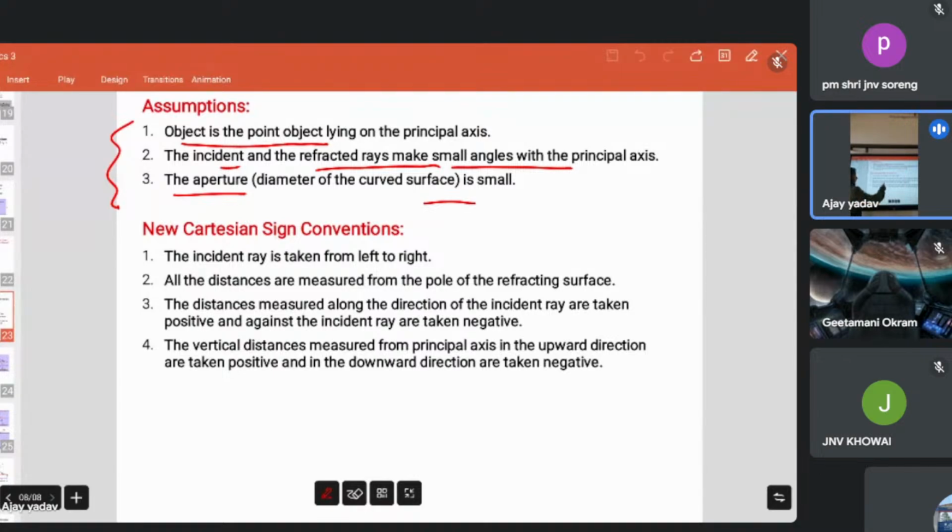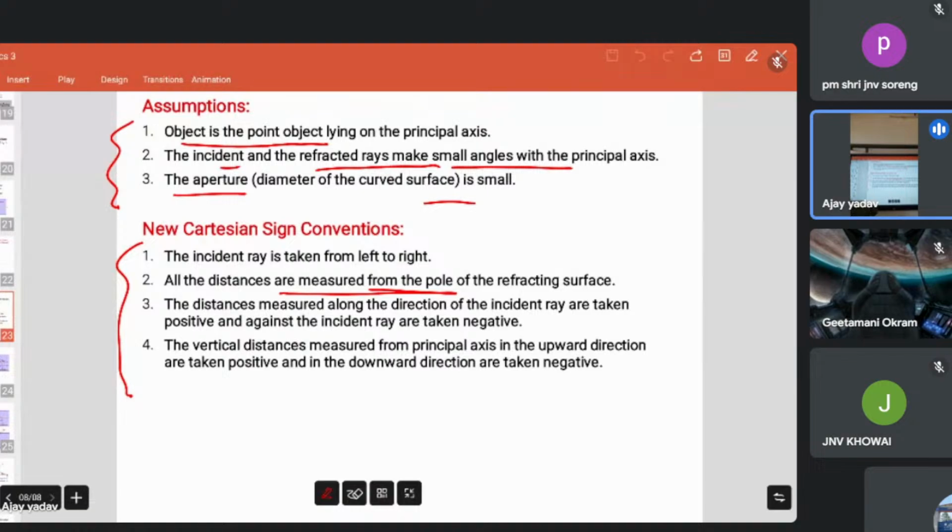What is the sign convention? The incident ray is taken from left to right, meaning if we measure a distance in the direction of the incident ray, that is positive, and the opposite is negative. Second, all distances are measured from the pole of the refracting surface.